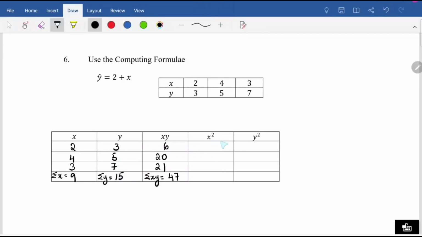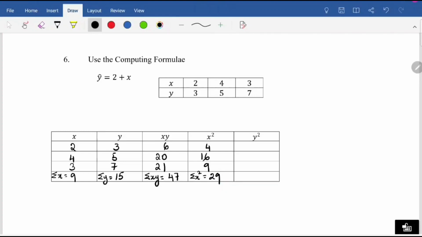And then we have to square. In this fourth column, we have to square all our x values and then add them. So 2 squared is 4, 4 squared is 16, 3 squared is 9. So when we add this up, we should come up with sigma x squared equals 16 plus 4, 20 plus 9, 29.